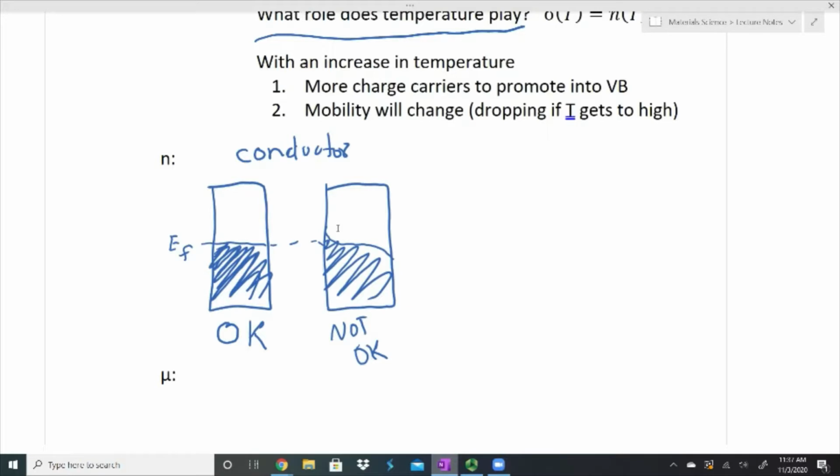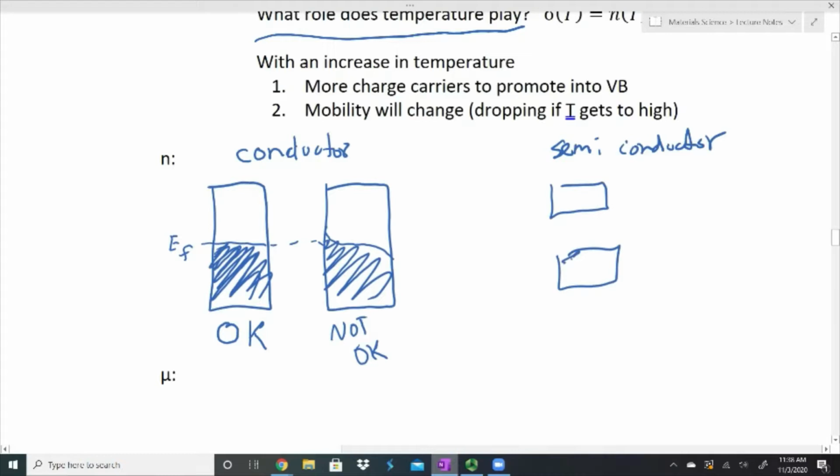For a semiconductor, I have the same picture, but remember I have a gap that I have to overcome. So this one is at 0 Kelvin, and this one is going to be at not 0 Kelvin.